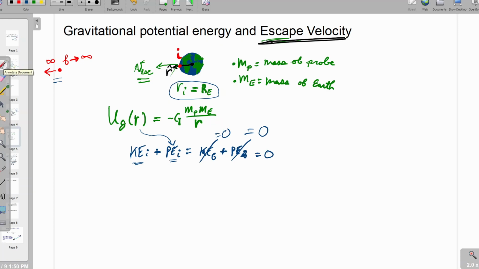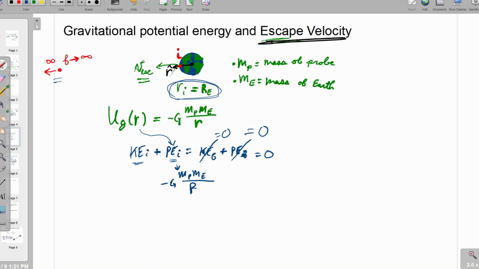All right. Now, since the gravitational potential energy is minus G mp me over r, and my initial radius is the radius of the Earth, I can write minus G mp, mass of the probe, mass of the Earth over RE for my initial potential energy.